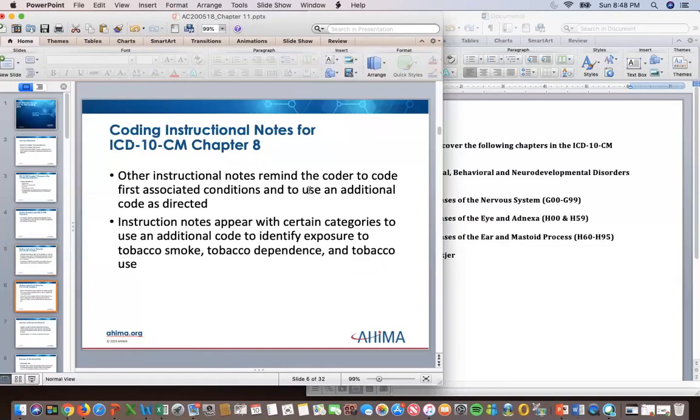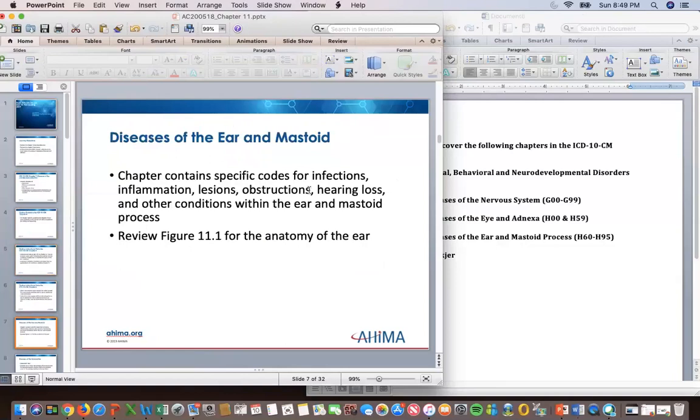Other instructional notes remind the coder to code first associated conditions and to use an additional code as directed. Instructional notes appear with certain categories to use an additional code to identify exposure to tobacco smoke, tobacco dependence, or tobacco use. This chapter also contains specific codes for infections, inflammation, lesions, obstructions, hearing loss, and other conditions within the ear and mastoid process.